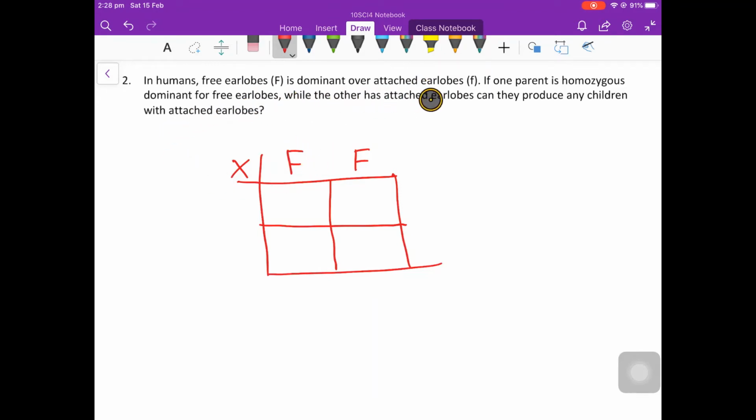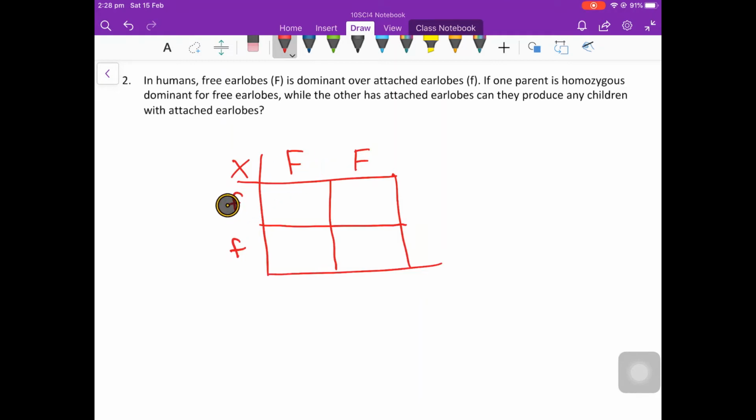While the other has attached earlobes. The allele for attached earlobes is lowercase f, and the only possible combination of alleles that a person can have to express attached earlobes will be 2 lowercase f's.